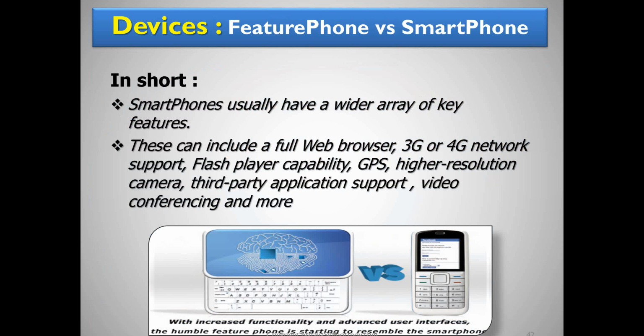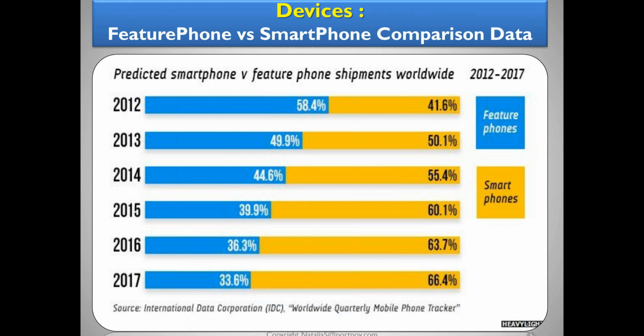But feature phones, especially for older people, like grandmothers or grandfathers, they really don't need smartphones unless they are tech savvy. For regular people, a feature phone is going to just work fine. They wouldn't know the difference.